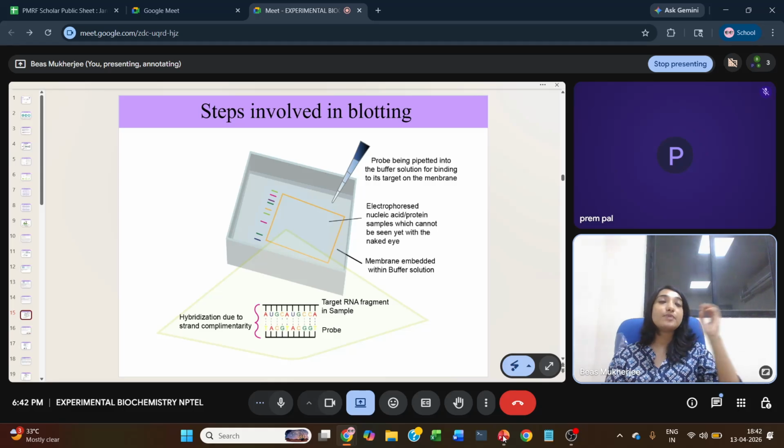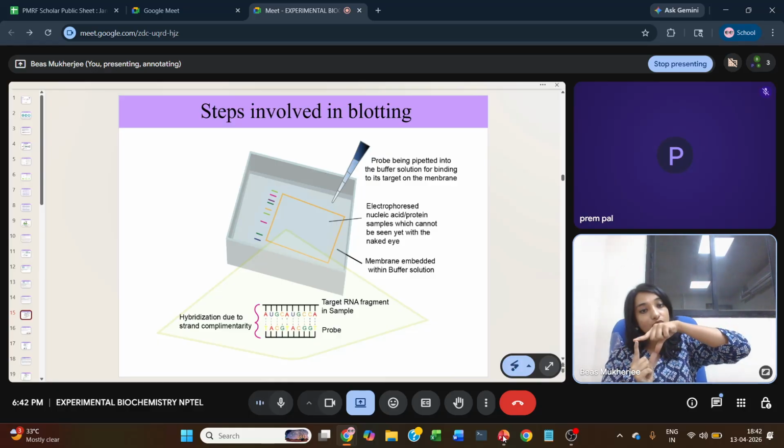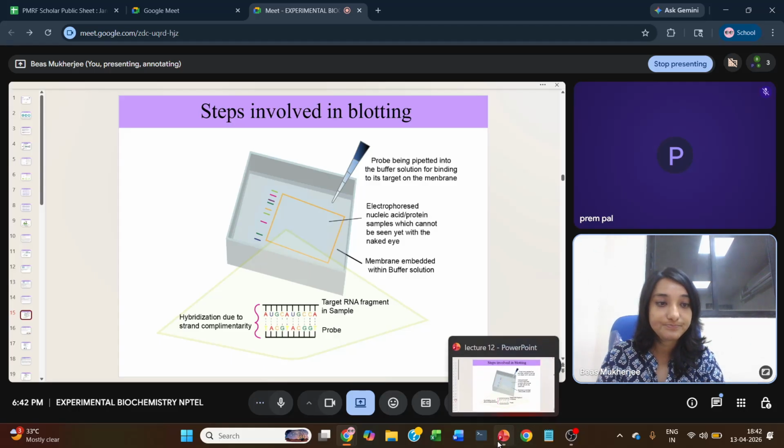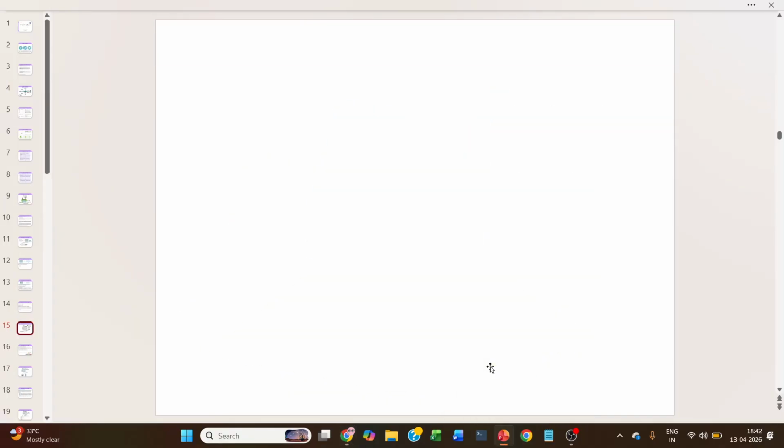So that this primary antibody does not go and bind to the non-specific regions, right? That is why blocking is very important. Only your specific regions are exposed and there the probe will go and bind. Okay, so in case of RNA and DNA, this hybridization happens. In case of proteins, antigen-antibody interactions happen.